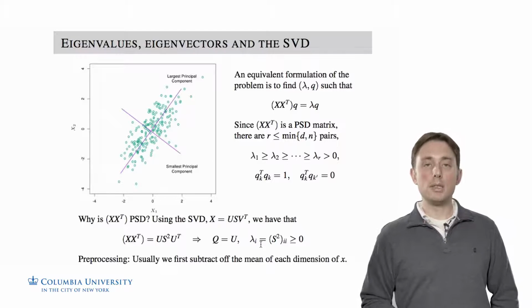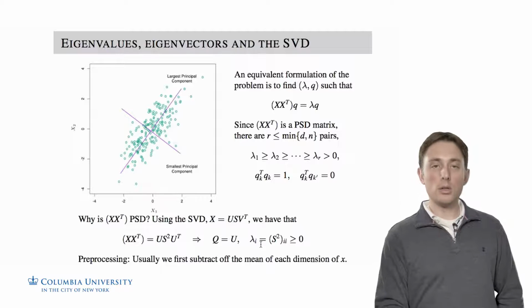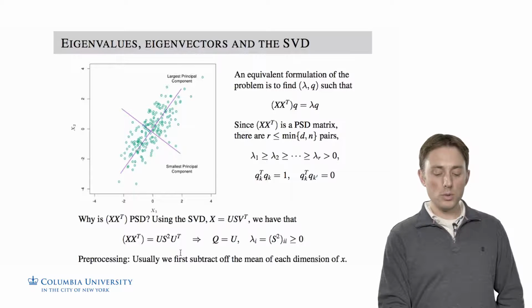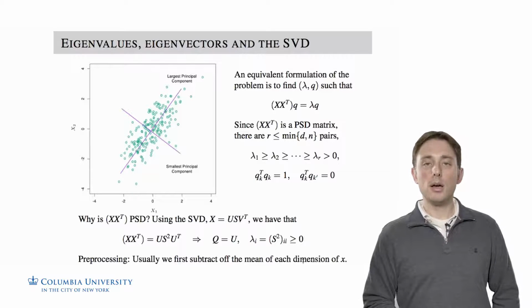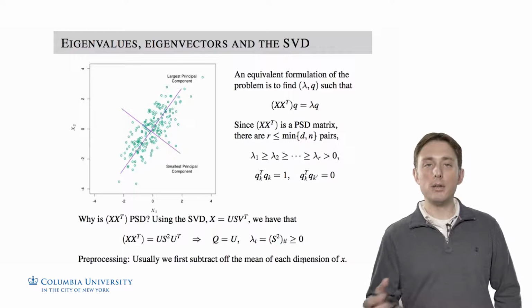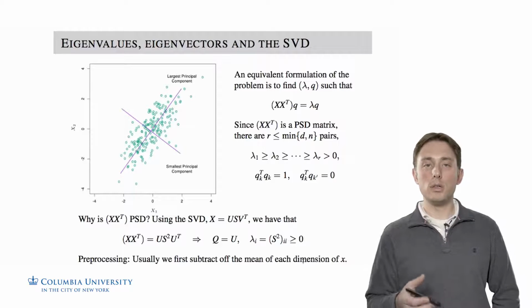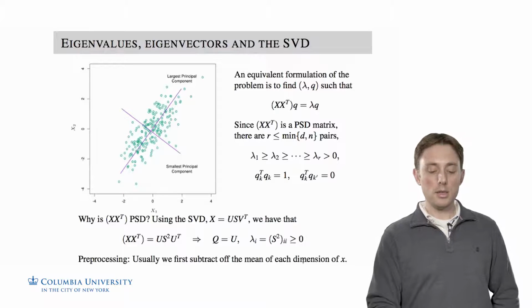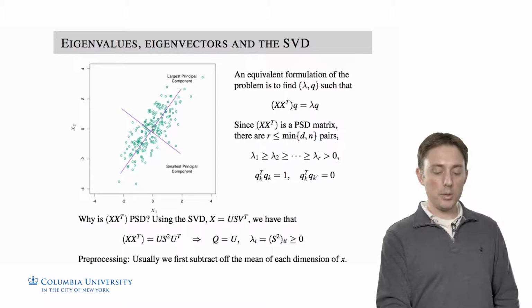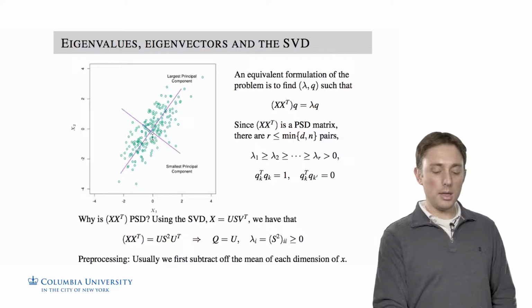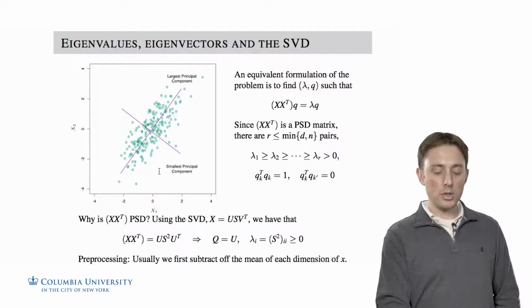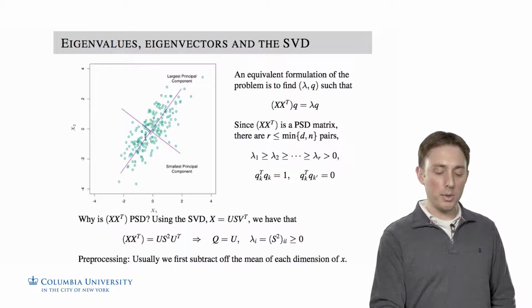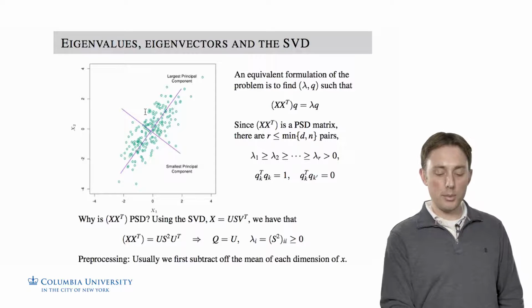Also, as a pre-processing step, what is typically done is that the rows of X have their mean subtracted off. So we center the data so that all of the dimensions in our data set have mean 0. That's so that we get something like this, where we want the data to be nicely centered along the original axes, so that we can represent this data in its first principal component and its second principal component.